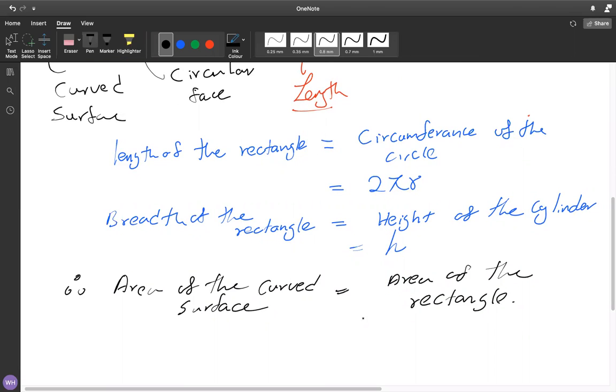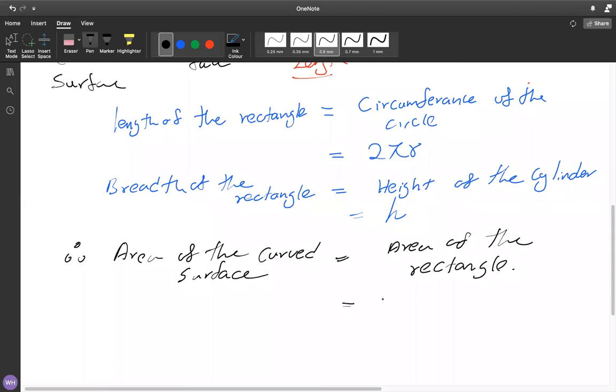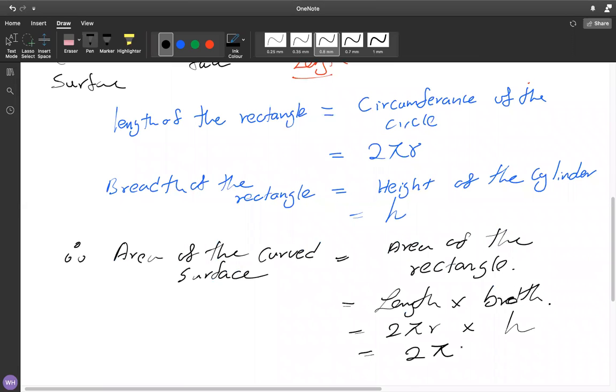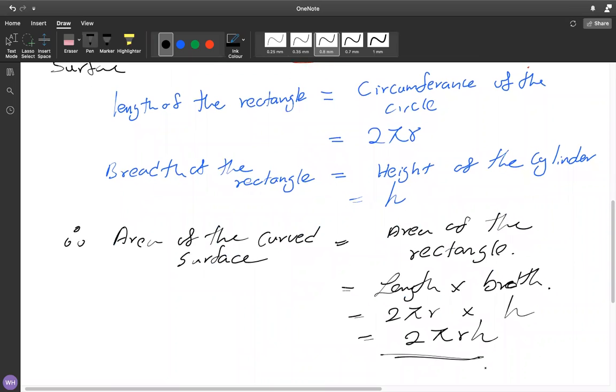Okay, so you can take the product of length and then the breadth. So the length is nothing but 2 phi r and the breadth is simple h. So you can merge it, 2 phi r h. So this is the surface area of the curved surface. Only the curved surface.